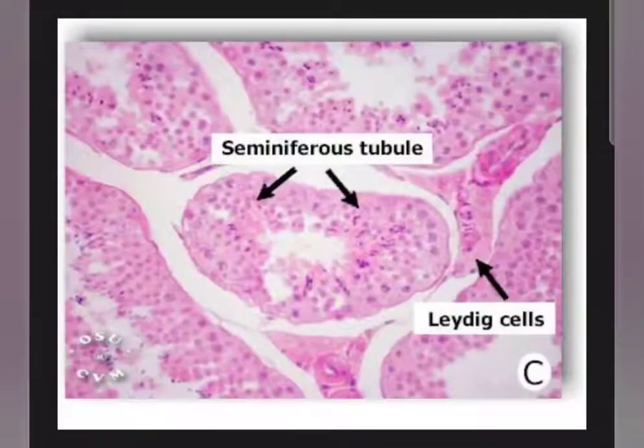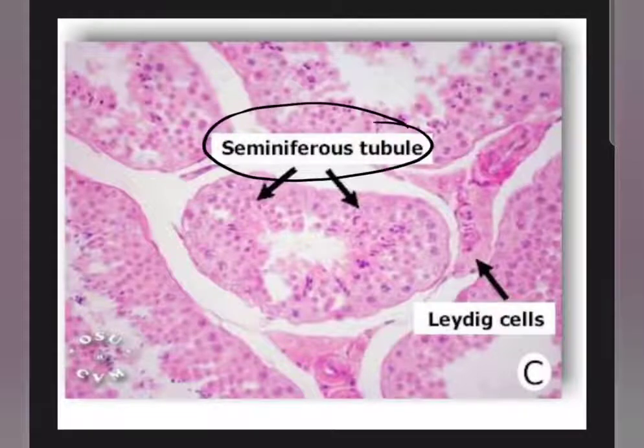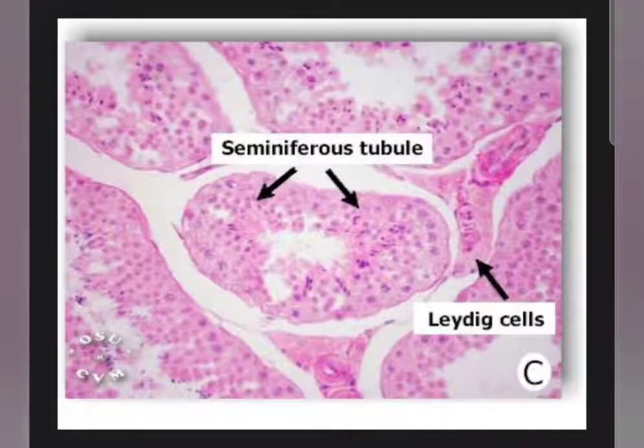In each testis, there are a number of coiled tubules known as seminiferous tubules, as you can see marked here. In each testis there are about 200 to 300 of such seminiferous tubules.